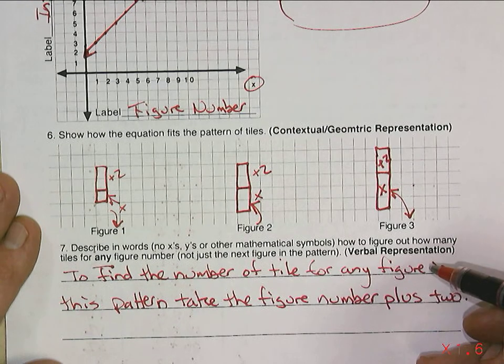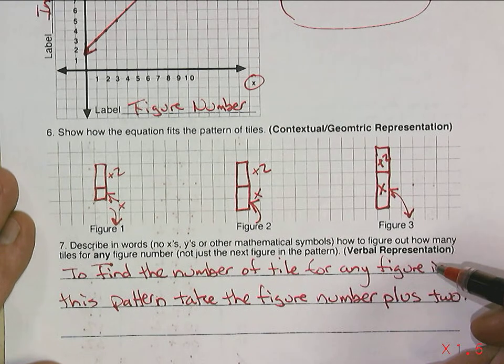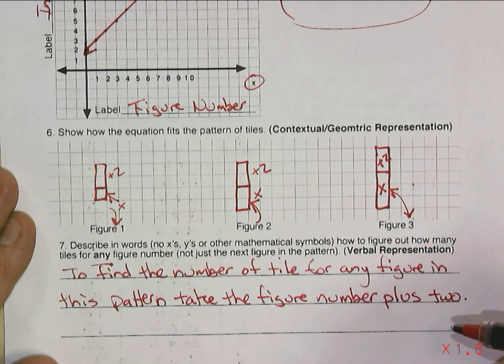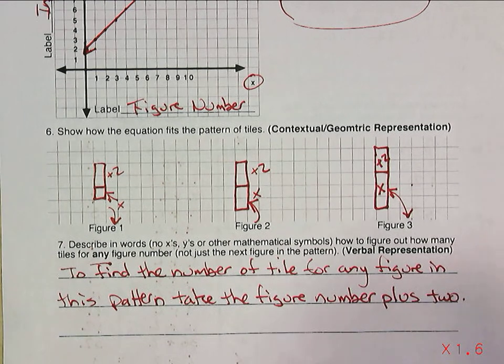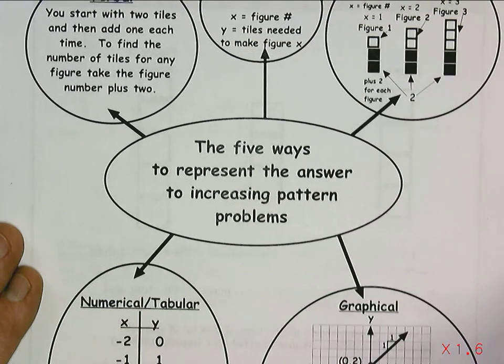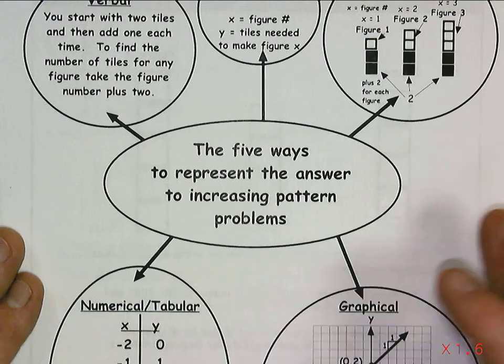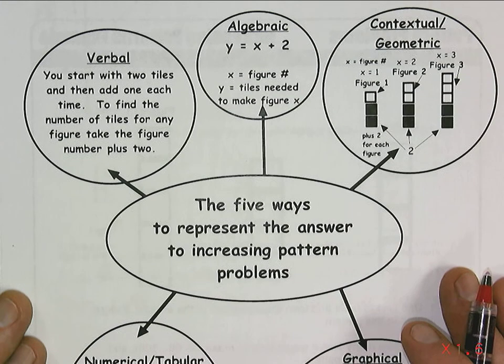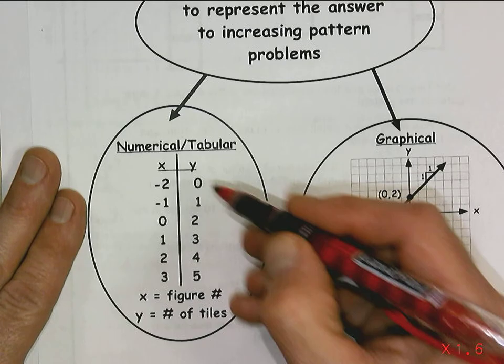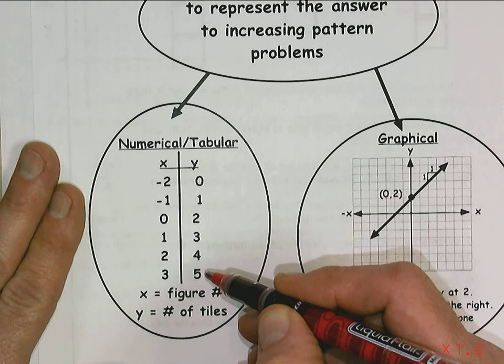And then finally we use a verbal representation so that we can actually put it in words and describe it in terms of how the pattern is changing. And that actually represents the 5 ways to do that. And so I'm going to show you these are the 5 ways to represent the answer to an increasing pattern problems. And so we start with our numerical tabular representation.